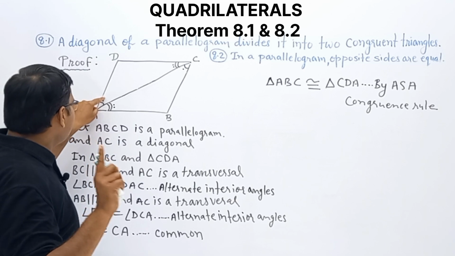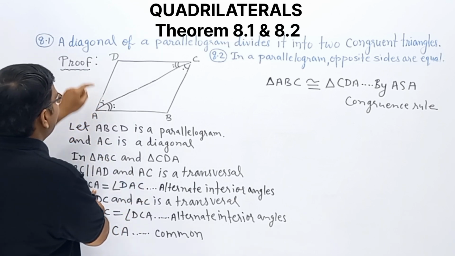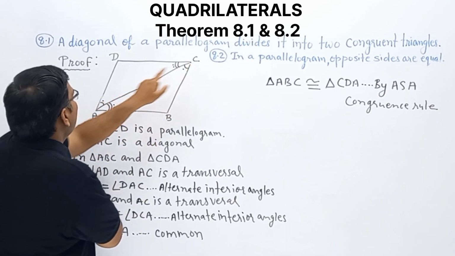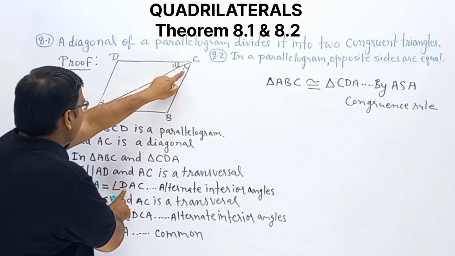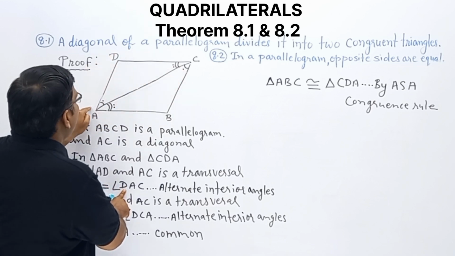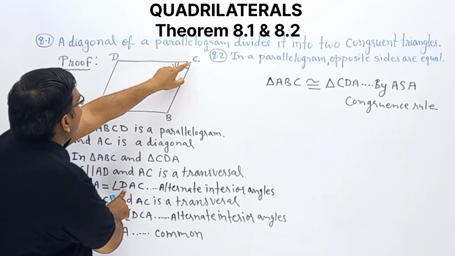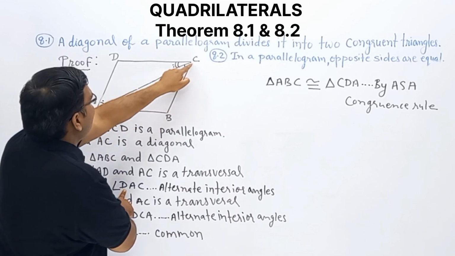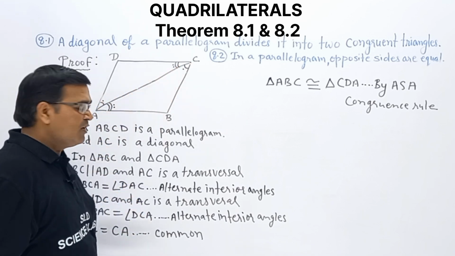It means this angle BCA will be equal to DAC, and this angle will be equal to BCA. Clear? Why?